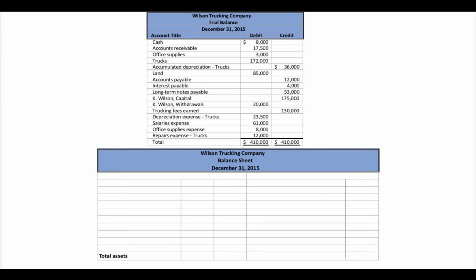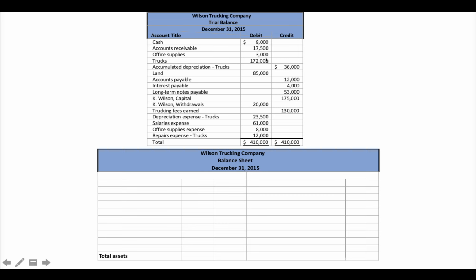The only thing that might throw you off, had we not talked about depreciation today, is, hey, we've got this credit here within the assets, but like I told you, that just nets together with the trucks to give you the actual net balance of trucks, which in this case would be, what is that, 136? Yeah, that would be 136,000. But anyway, all of this coming down all the way to land will all go on the asset side.